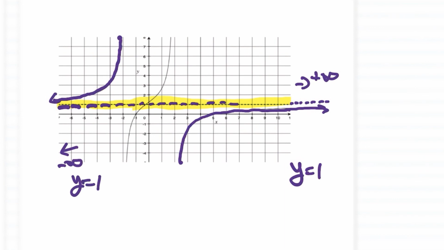So in both directions, as the graph approaches positive and negative infinity, it's going to flatten out and approach this horizontal line. So we could say that graph would have a horizontal asymptote.